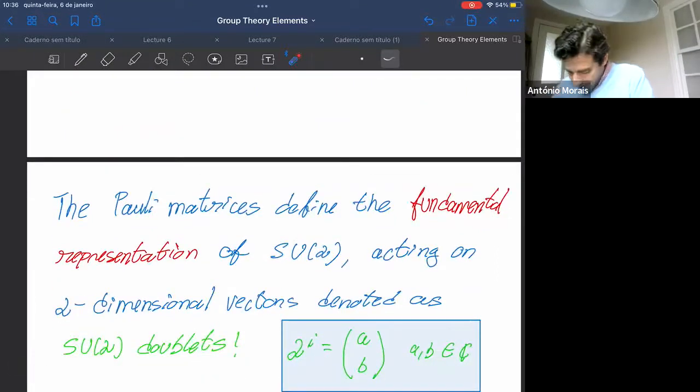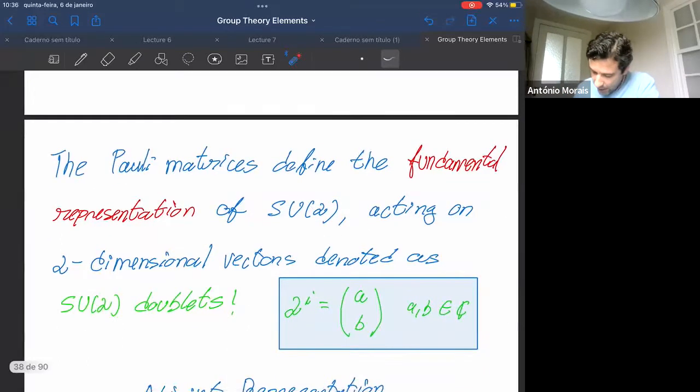So we have seen that the Pauli matrices define the fundamental representation. Well, we didn't see; I'm now telling you that the Pauli matrices define the fundamental representation of SU2 because they act on two-dimensional vectors. Let's say this is kind of an abuse of notation, let me put here some quotation marks, which are denoted as SU2 doublets. So when I mentioned above a doublet made out of a neutrino and an electron, this was what I meant.